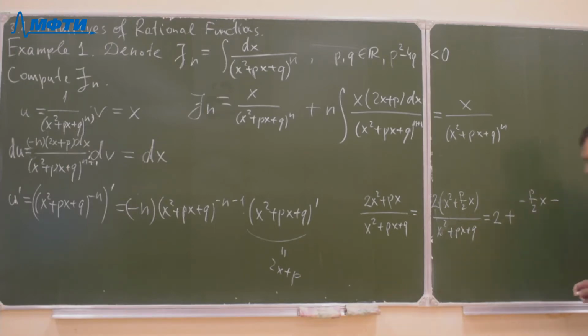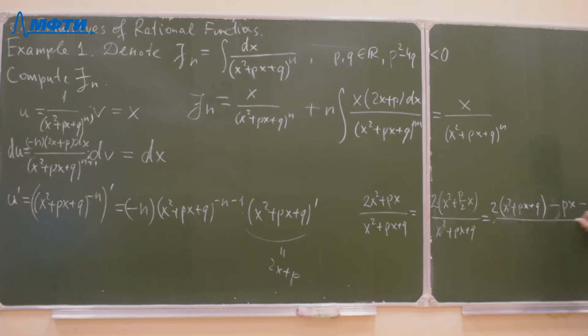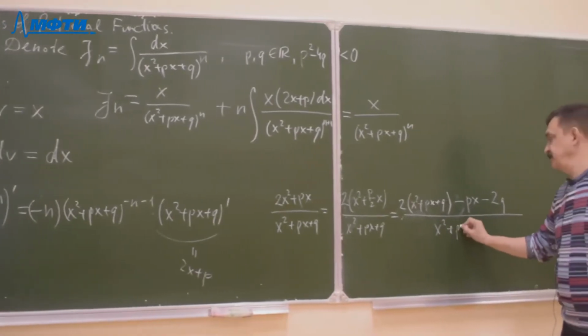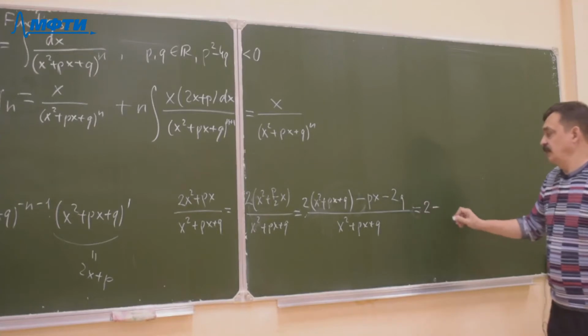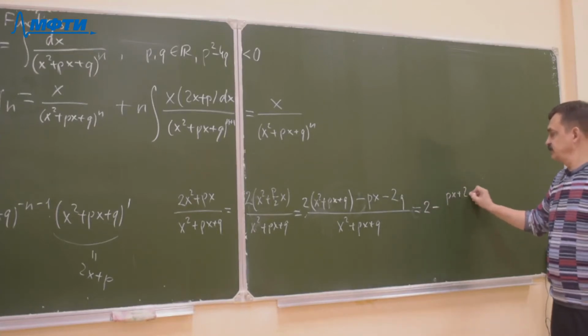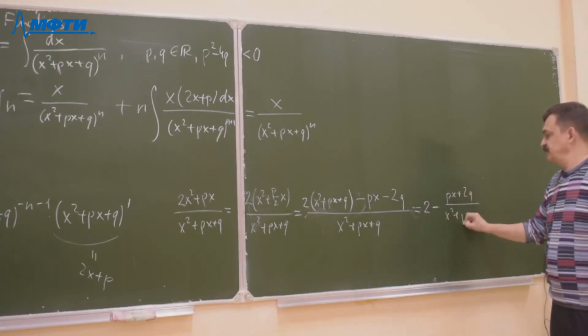Let me do it in more detail. 2 times (x squared plus px plus q), right? So we have 2px. In reality, we have just px, so minus px minus 2q over x squared plus px plus q, and it gives 2 minus (px plus 2q) over (x squared plus px plus q).